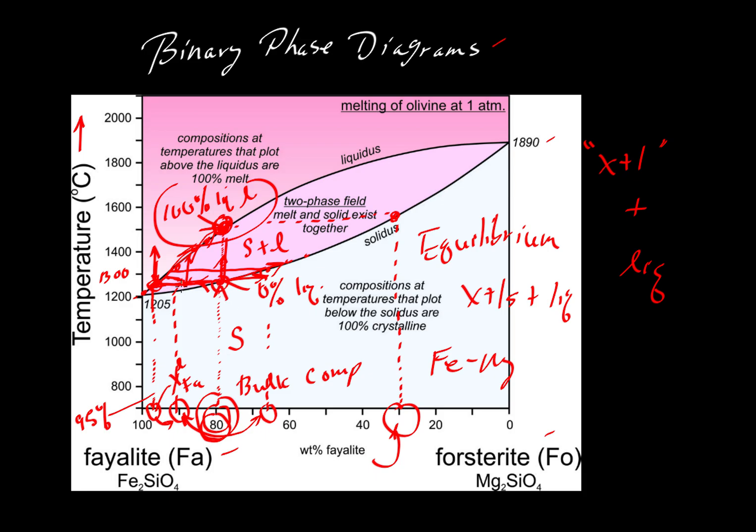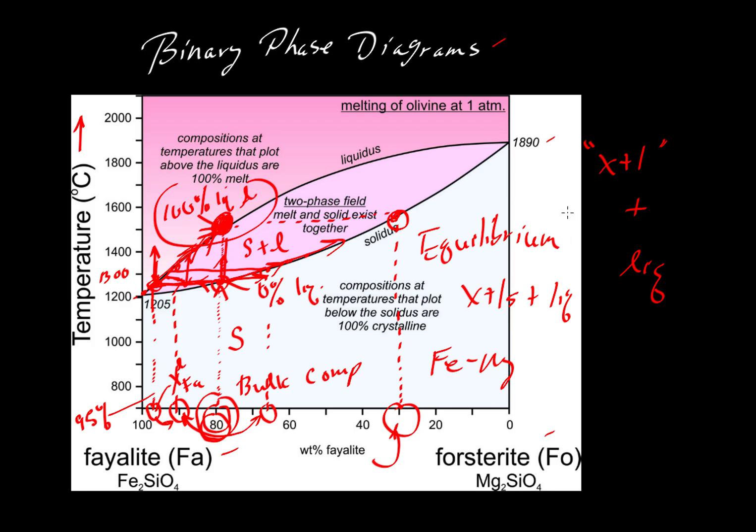We drew off a lot of the iron to create liquids that follow the liquidus curve in this direction. As we pull out those iron-rich liquids, the solids move up this curve. And the last liquid that we have, when we finally reach 100% melting, will be at this composition here. And the very last little bit of crystal that'll be melted to produce that liquid will have this composition here.